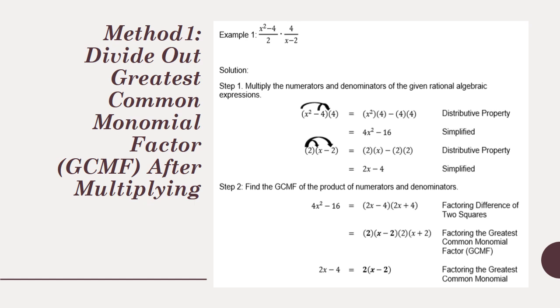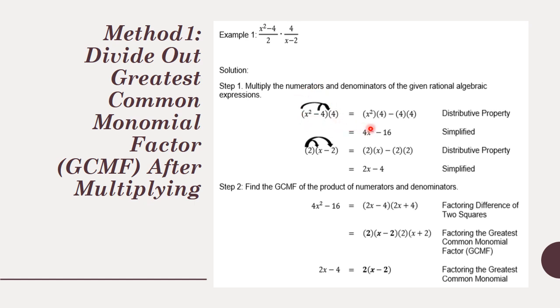First, we're going to multiply the numerators. We have the numerators x squared minus 4 and 4, so we're going to multiply those. By the distributive property, we distribute 4 to x squared minus 4.